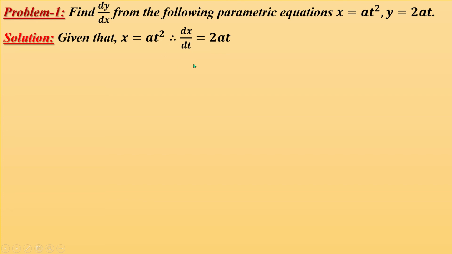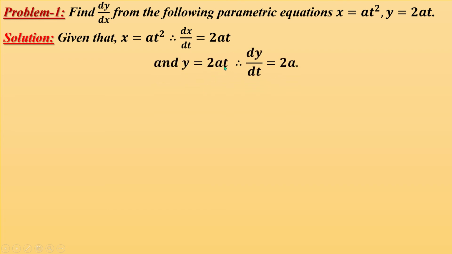We know the derivative of x to the power n with respect to x equals n x to the power n minus 1. So here t square gives 2 into t to the power 2 minus 1, that means 2a t. Clear?